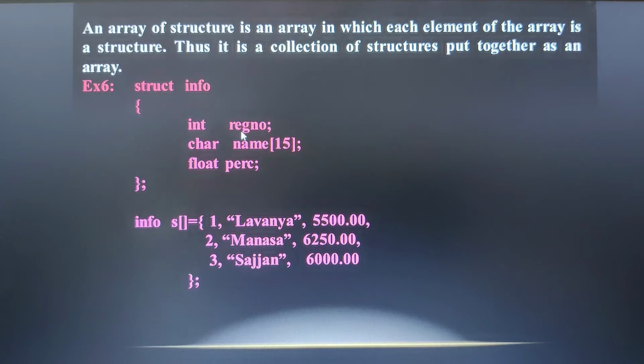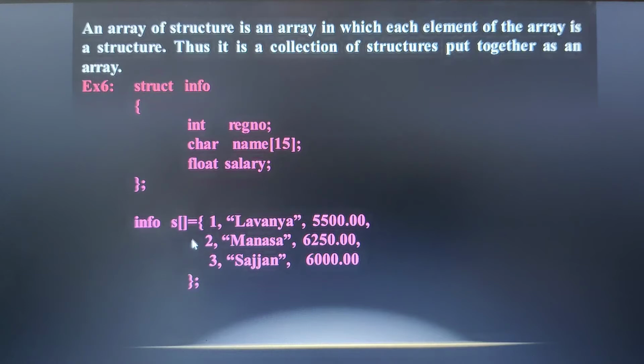So see, first one is the register number, attribute 1, comma, then the name Lavanya, comma, then the percentage I have given. Here instead of percentage, let us assume that one to be salary. One second. Yes, I have just changed it to salary here instead of percentage. And the salary here I have given 5,500. Since it was a floating value, that's why I have given it so. Then comma, the next one I have given, and then the third one.